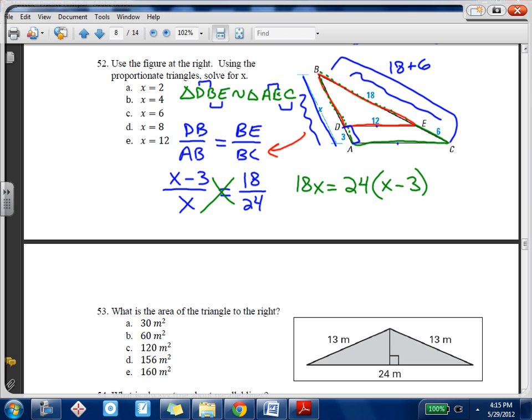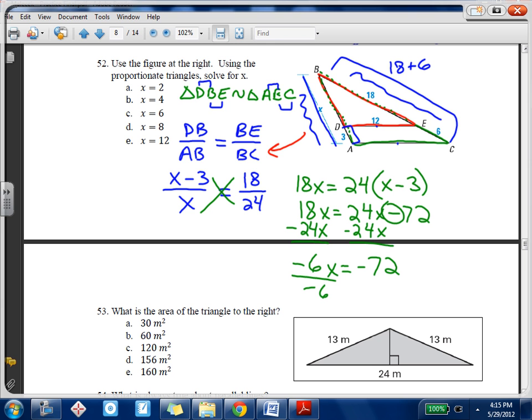We simplify: 18x equals 24x minus 72. Subtract 24x from both sides. We get negative 6x equals negative 72. Don't forget about this negative sign right here. Divide both sides by negative 6. Then we get x is equal to 12. Check your answers. That is answer E.